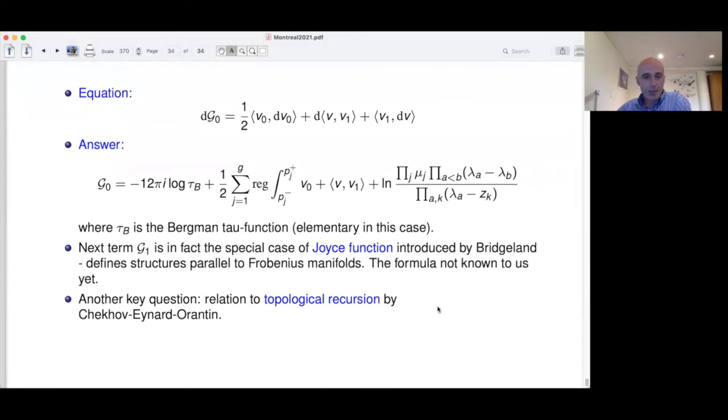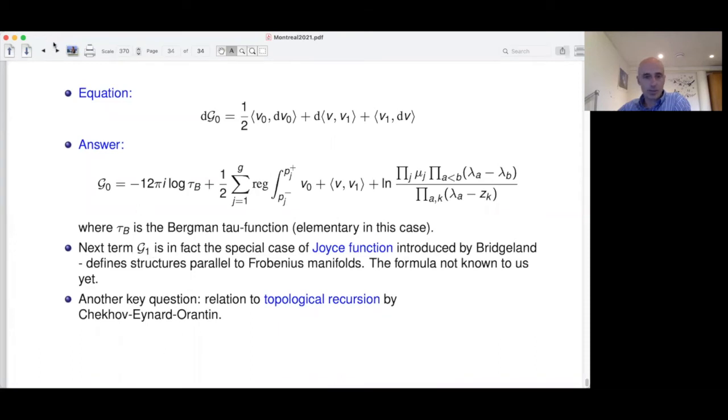And also, we know G-2, G-1, and G0. But the most interesting thing is the next term, which so far we can't control, because that would be what is called the Joyce function.